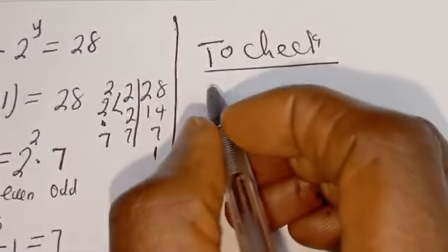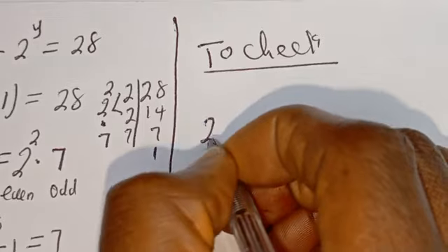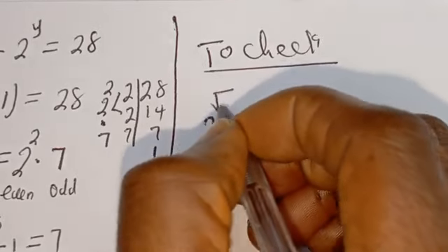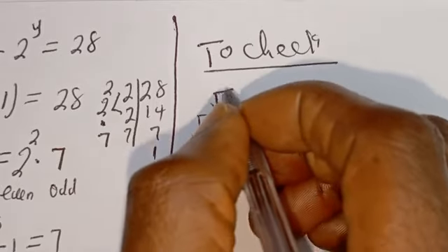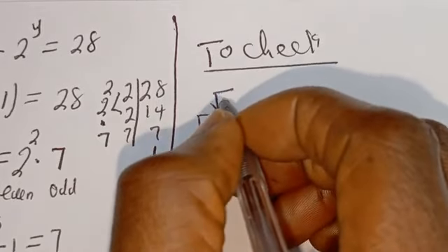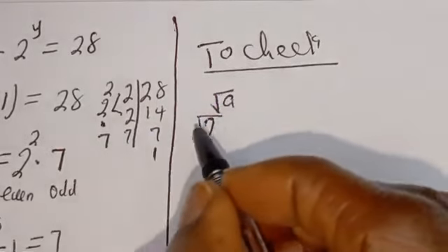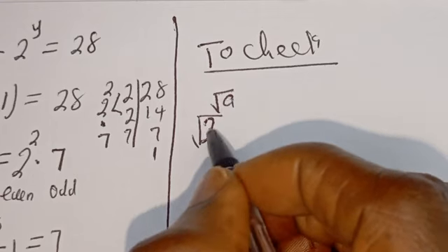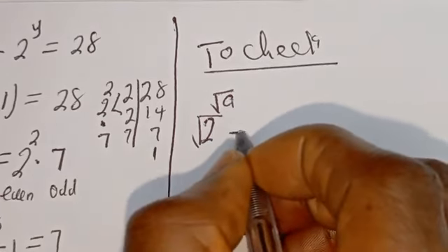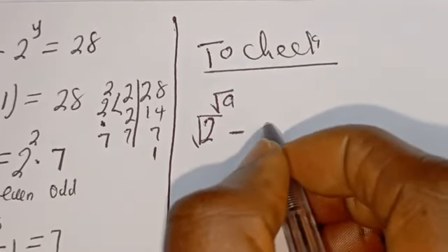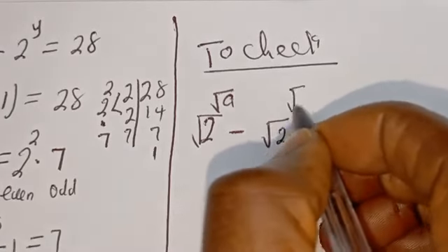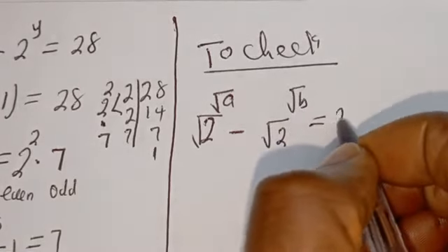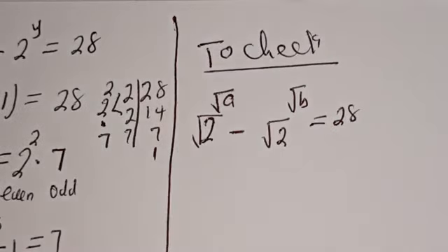To check, we have the given equation square root of 2 to the power of square root of a minus square root of 2 to the power of square root of b is equal to 28.